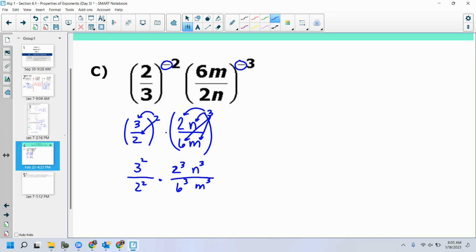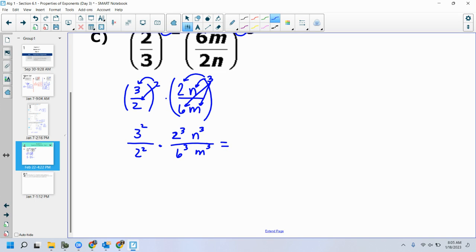Now, could I make, actually, you know what, it might be better if I don't. Watch this. This is going to be good. Could I make those all numbers and multiply them? I mean, all except for the m and the n, right? Yeah, but watch what I can do here. Because multiplication is just straight across on top and straight across on bottom.